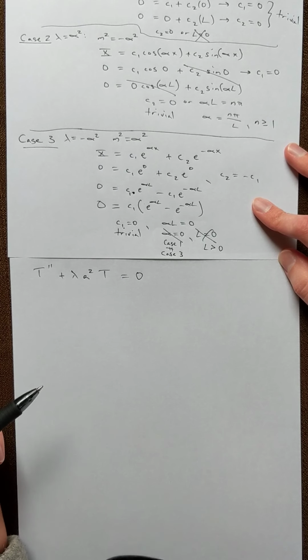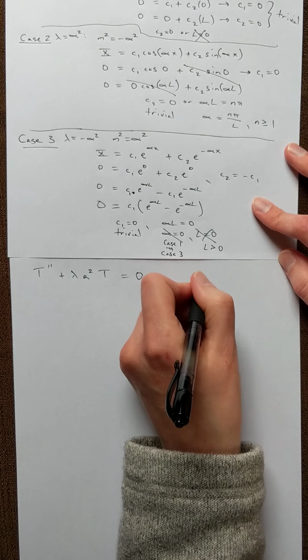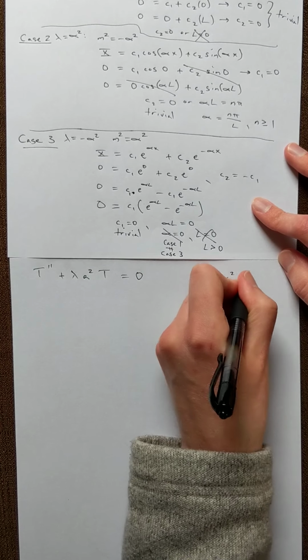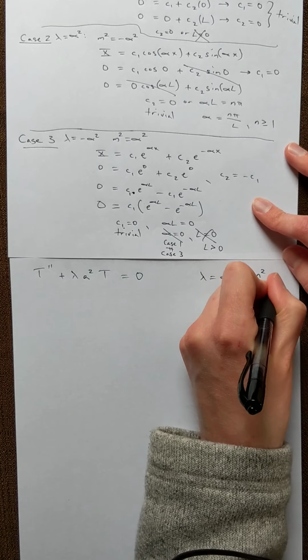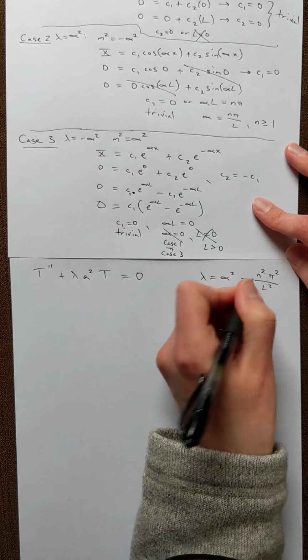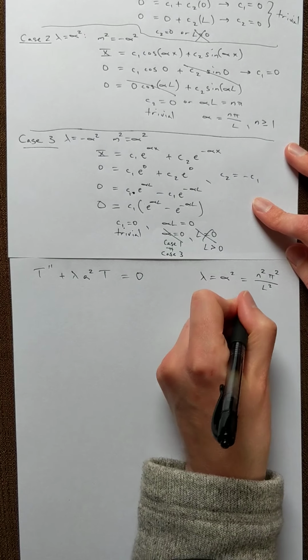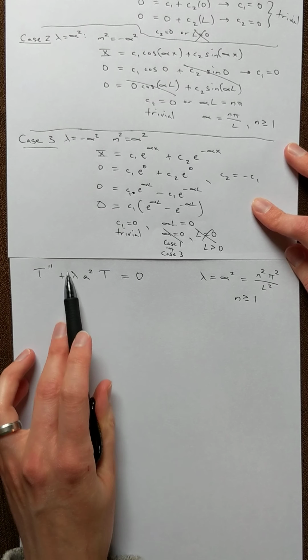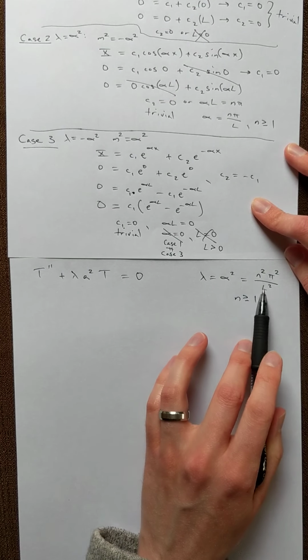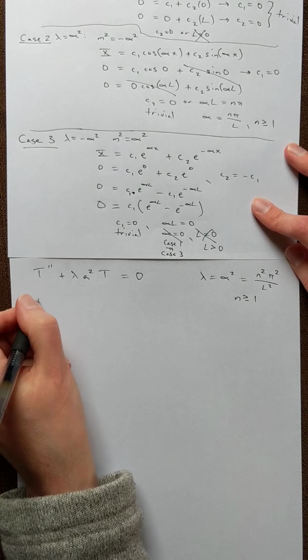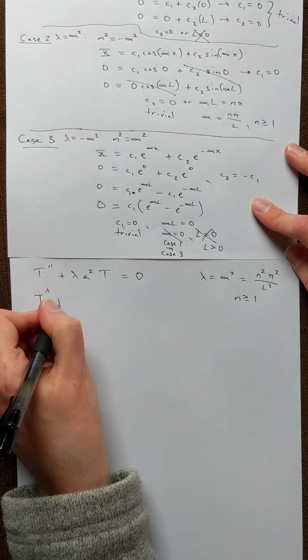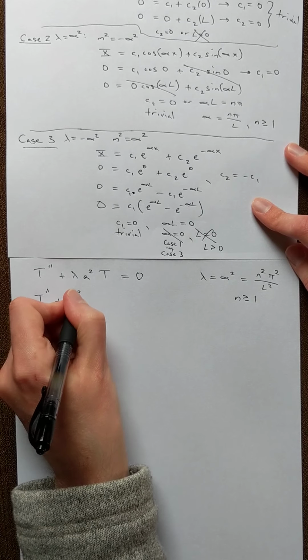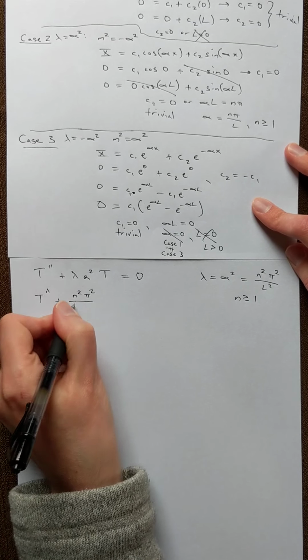We got as our eigenvalues, lambda was alpha squared, which means n squared pi squared over L squared, where n was positive. So that's the only value of lambda that makes sense. So when I see this lambda, really I could replace it with n squared pi squared over L squared. And if it mattered, I don't think it is going to matter yet, n would have to be a positive number.